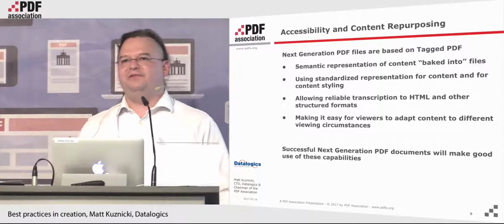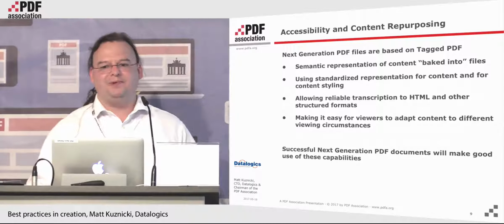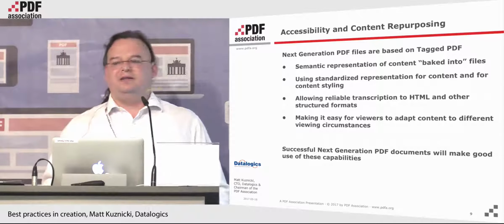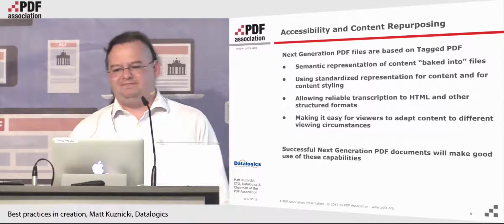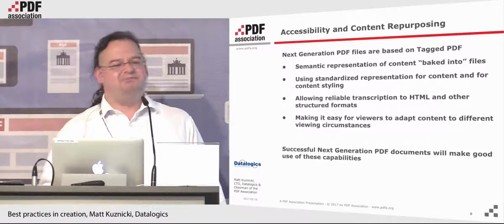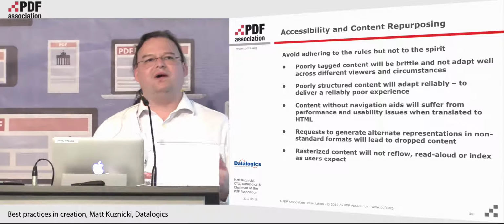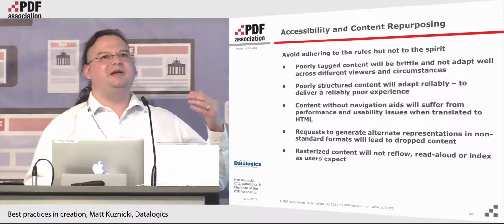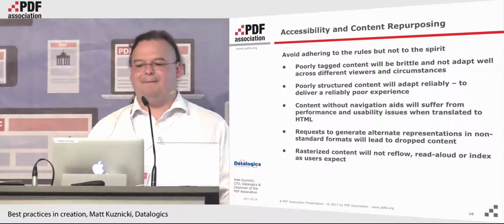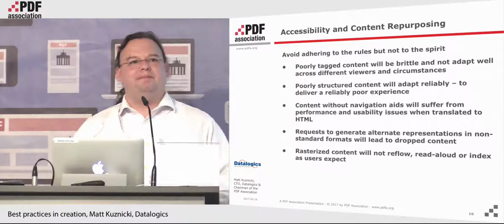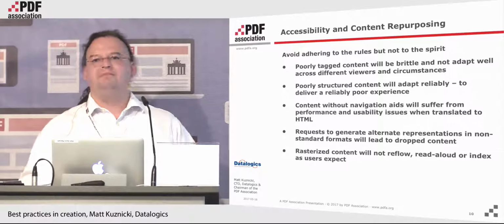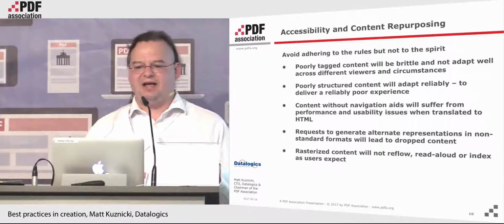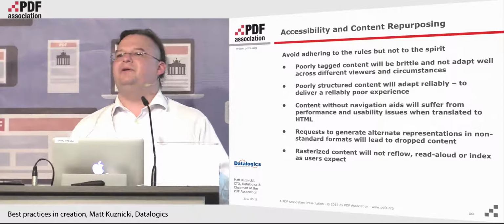So tagged PDF, PDF 2.0 semantic representation, there's a gotcha. And that is that we need to avoid adhering to these rules, but ignoring the spirit behind them. Bringing poorly tagged next generation PDF, this will not be a good experience.